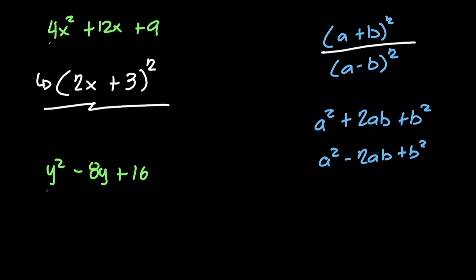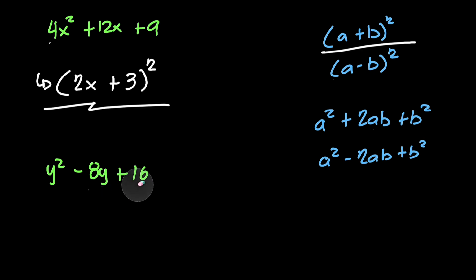For this one, y squared would be a squared, and 16 would be b squared. And now let's see if 2ab here is equal to 8y. 2 multiplied by a, here y, multiplied by the square root of 16, which is b, which is 4. 2 times 4 would be 8, and multiplied by y, it would be 8y, which matches this.